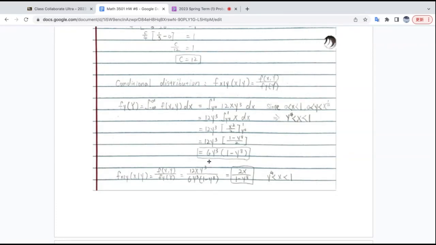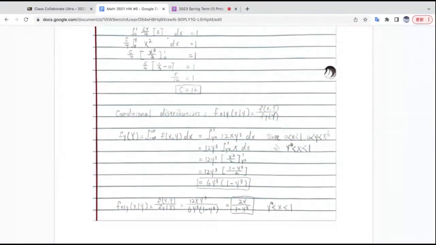Then we will get 6y^3 times parentheses 1 minus y to the power 8. So use the conditional distribution formula, which is 12xy^3 over 6y^3 times 1 minus y to the power 8. Then we will get the answer is 2x over 1 minus y to the power 8.